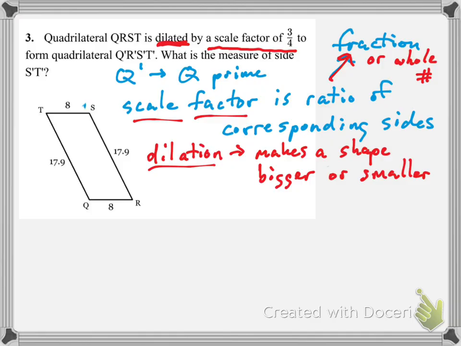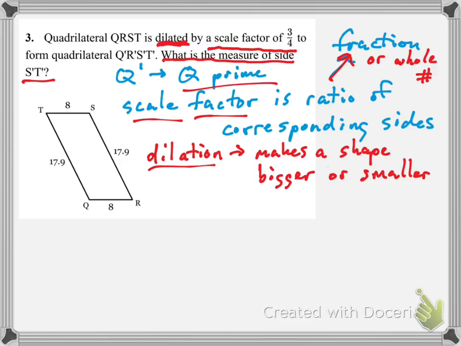To form quadrilateral Q prime, R prime, S prime, T prime. When you see a letter with an apostrophe, that means prime, like Q prime. What is the measure of side S prime, T prime? They don't draw the new picture, they just give you the original.